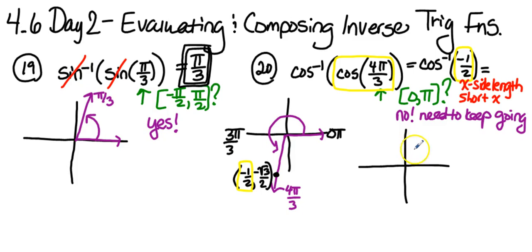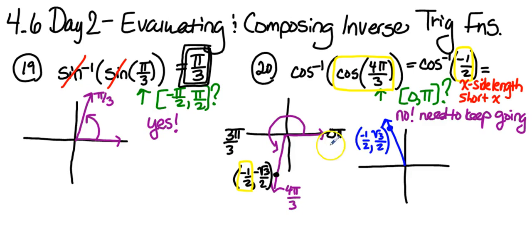I know that all cosine inverse angles must fall somewhere in the upper half of the unit circle. So if I see that I have a negative a half, that means that we went left a half, because a short x side length can either go right or go left. If it's negative, I have to go left. Negative a half is short, so it creates this angle with ordered pair negative 1/2, root 3 over 2.